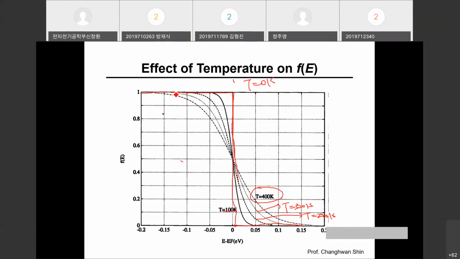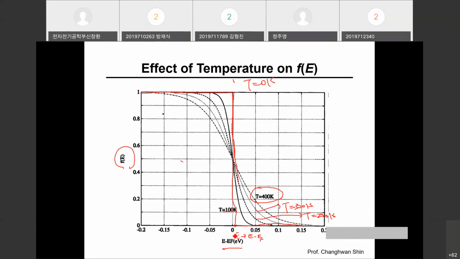In your textbook, there is an example of how to draw this f of E versus temperature. Here, instead of energy, it uses E minus EF.